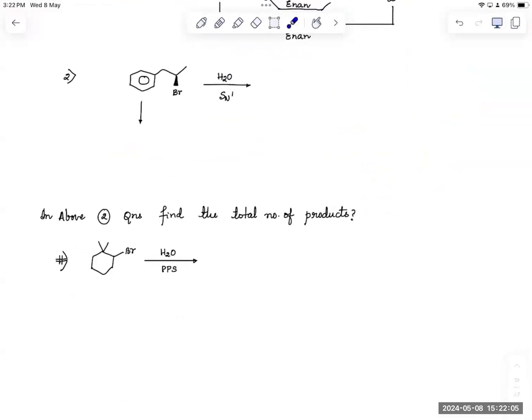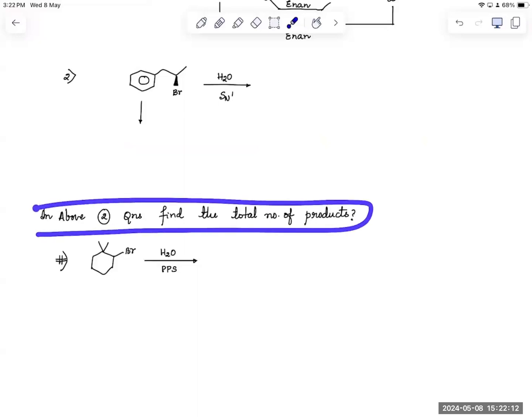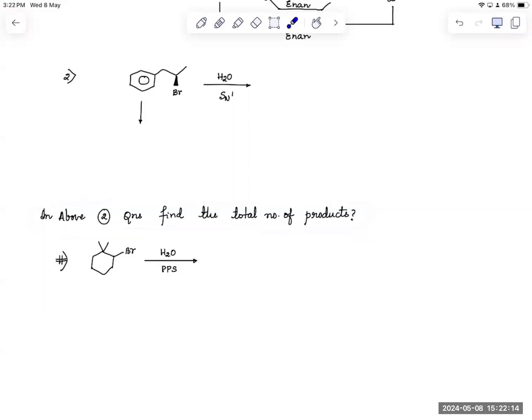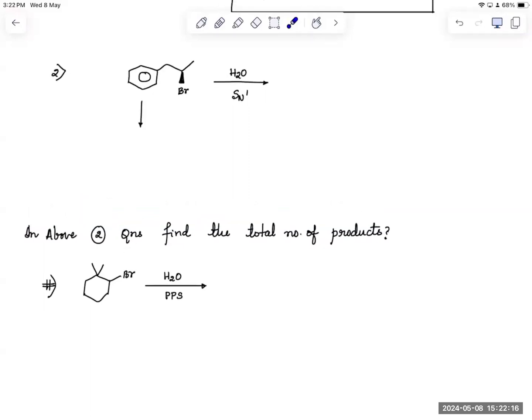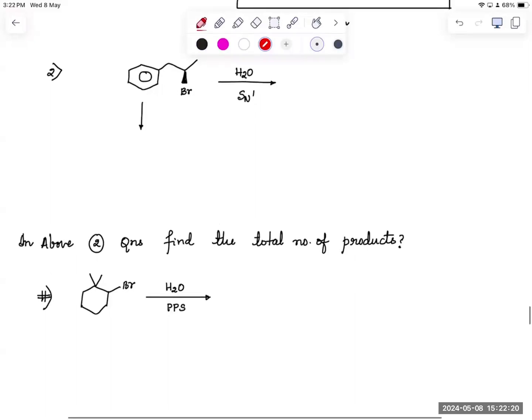Sorry, notice this example. In example 2, find the total number of products also. For that, the first thing I need to do is find all the possible carbocations. See, the first carbocation is like this. When bromine is released, this is the first carbocation. Second, by rearrangement, it will go here.